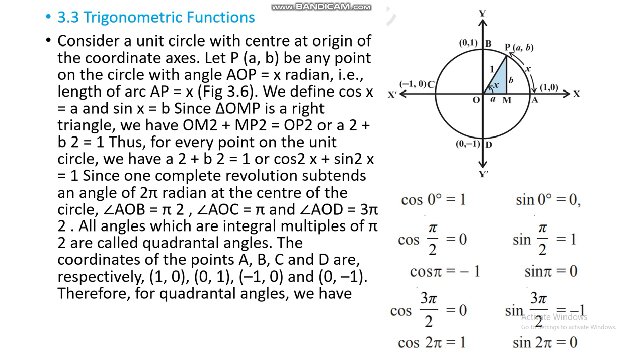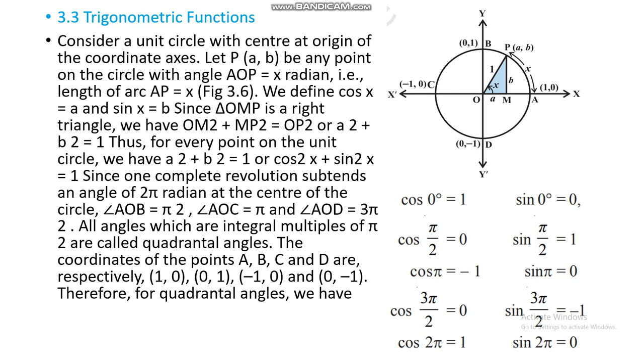From this, angle AOB indicates pi by 2, that is 90 degrees, angle AOC indicates 180 degrees, and angle AOD indicates 3 pi by 2. The side OM is the cos side, and side PM is the sin side.